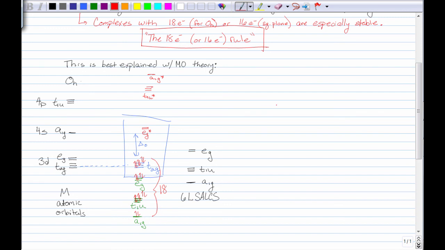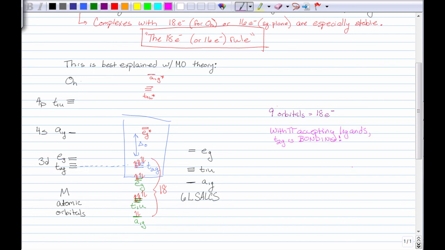Because we have 9 orbitals that are either bonding or non-bonding, having more than 18 electrons would force us to put electrons into antibonding orbitals. So having more than 18 electrons would be unfavorable. Having 18 electrons in this case is stable, but remember, this is the case I've shown here for a sigma-only case, so the ligands are sigma-only donors.